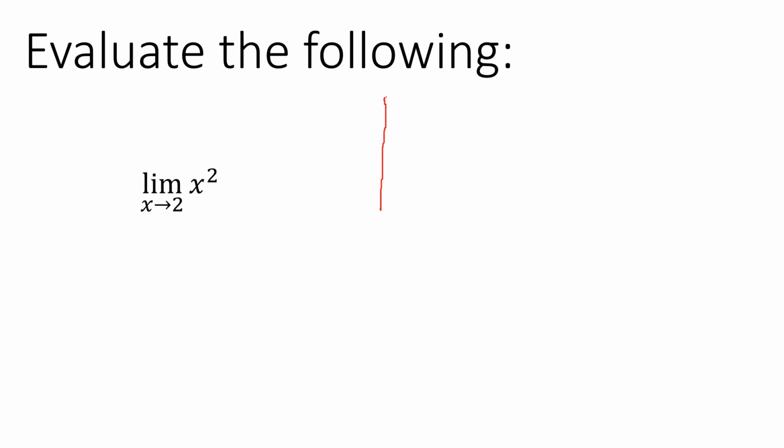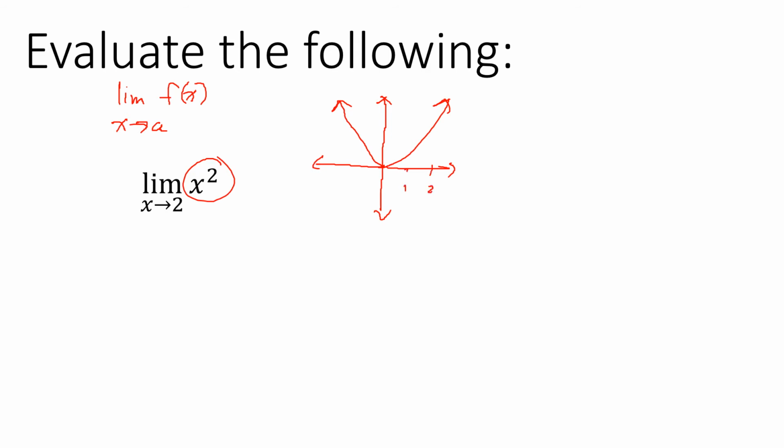The function in this case is this one here. Again, it is the limit of a function as x approaches a, and in this case, a is 2. If we graph the function, this is just a rough sketch. Now remember that this is 2. So if this is 1, the value of the function is 1. How do I know that?